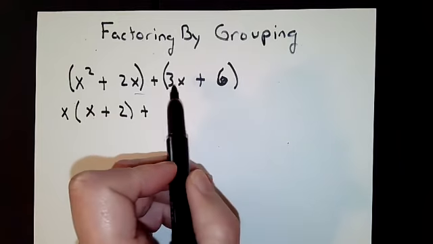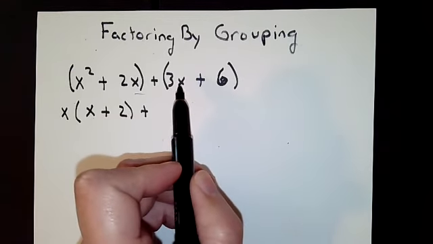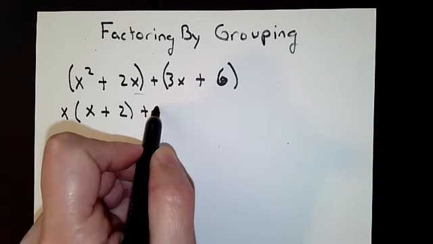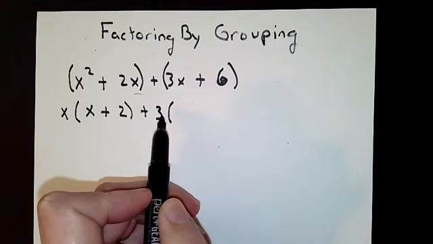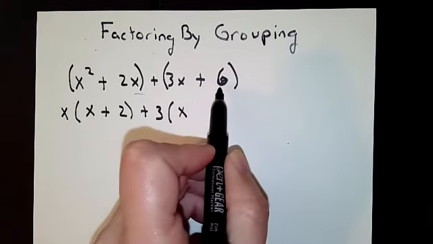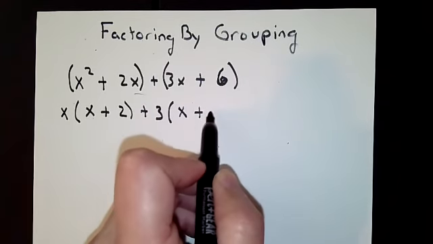When we look at the second group, 3x plus 6, the 3x and the 6 are both divisible by 3. So we'll factor out a 3. So 3x divided by 3 is just x, and 6 divided by 3 is 2.